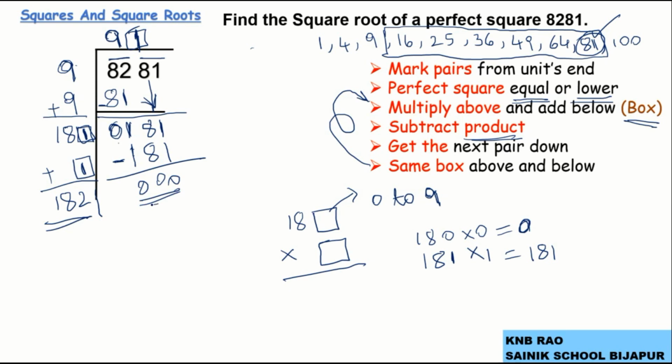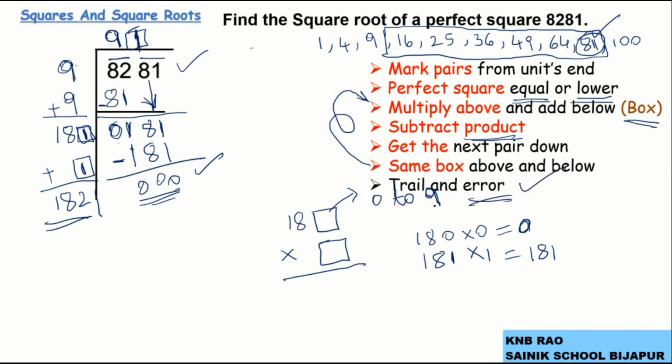So the moment the remainder becomes 0, we can say that the given number is a perfect square, and we stop the process. Remember how to choose these digits: it is by trial and error.